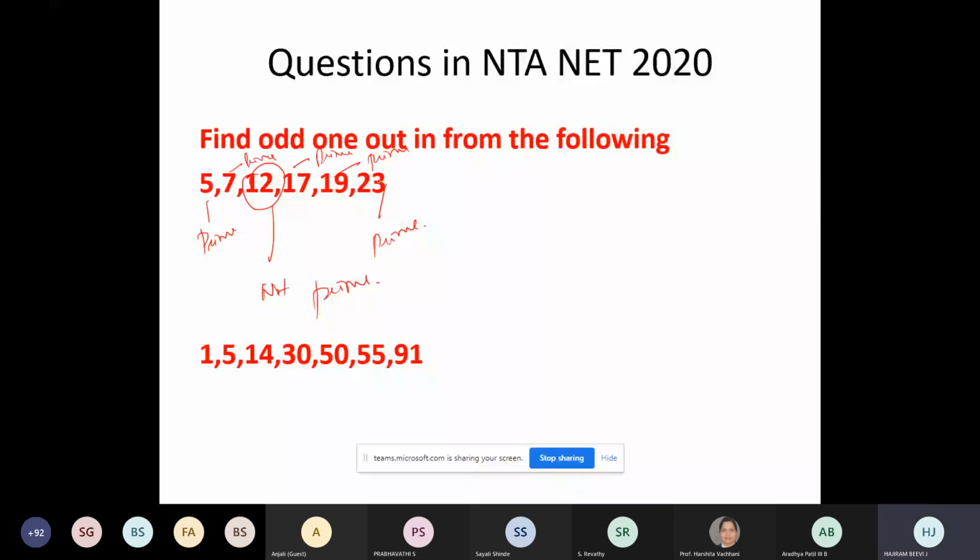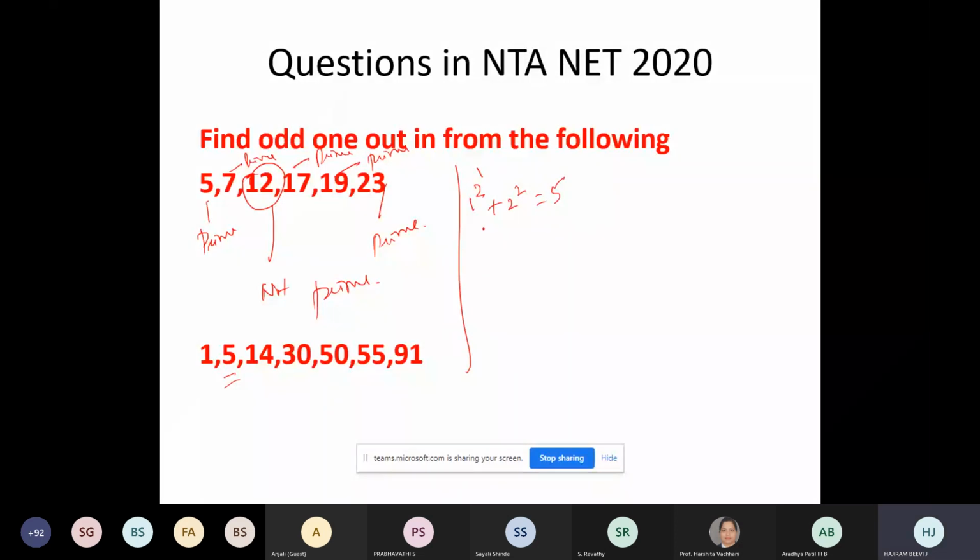Then the next one. This one also, find the odd one out: 1, 5, 14, 30, 50, 55, 91. For this question, the first one, keep it as it is. Then the second one, 5, is 1 square plus 2 square.